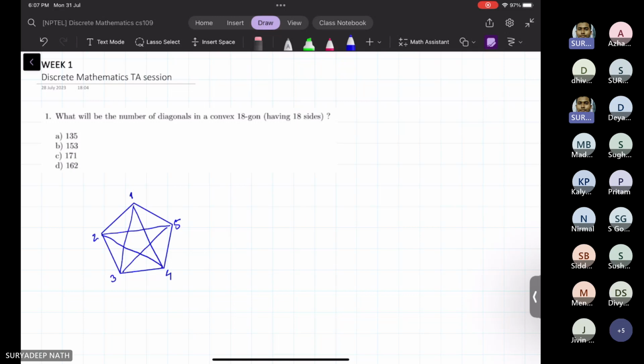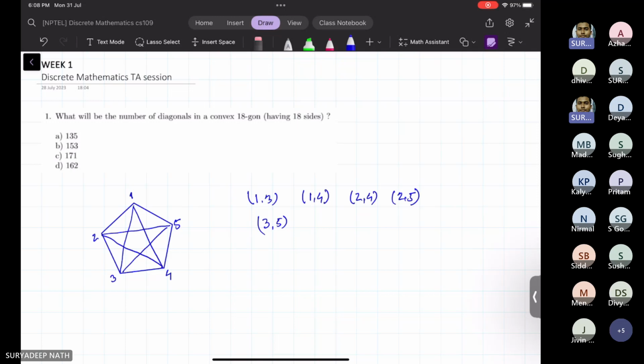So what are the diagonals for a pentagon? If we write it, it's 1-3, 1-4, 2-4, 2-5, 3-5.